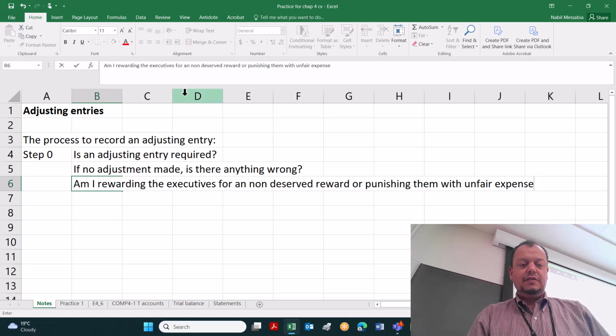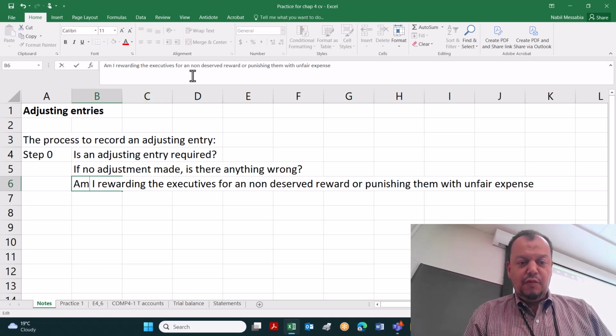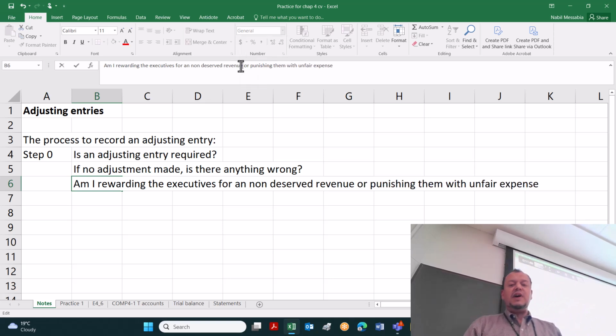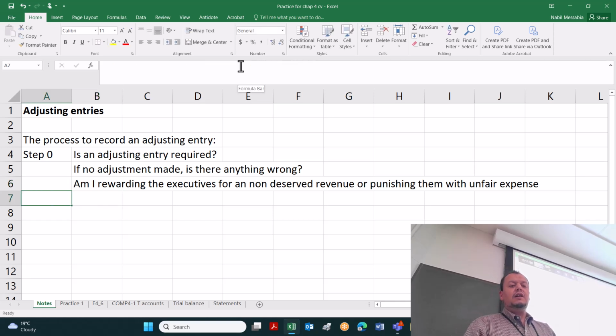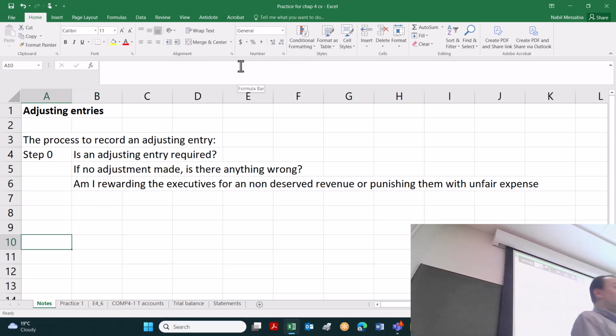Am I awarding them with a non-deserved revenue, or am I punishing them with an unfair expense which they should not incur?